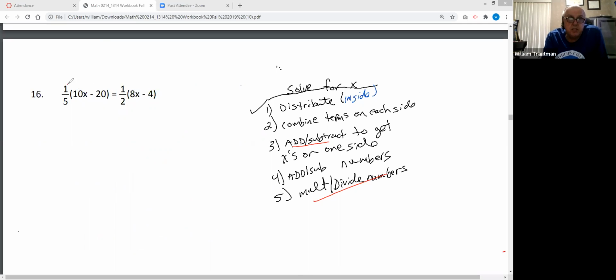Any number outside of a parentheses. 1/5 times 10x. When you put that in your calculator, you get 2x. 1/5 times a negative 20 is a negative 4. 1/2 times 8 is 4x, and 1/2 times a negative 4 is a negative 2.